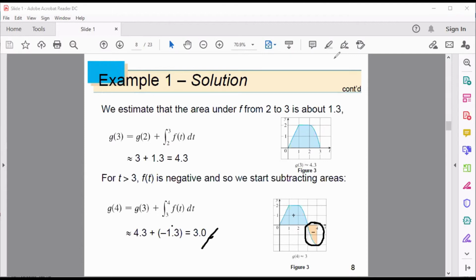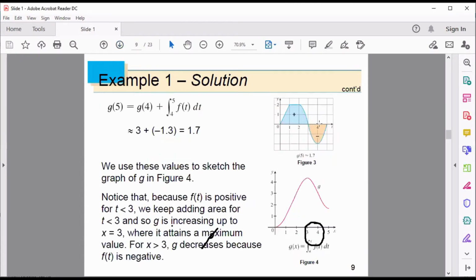Finally, I have to evaluate g of 5. g of 5 is equal. I can do it like that. I start from 0 to 4, which was evaluated before, and it equals 3, plus this integral. But this integral is negative. It's equal to minus this area because we are below the x-axis.